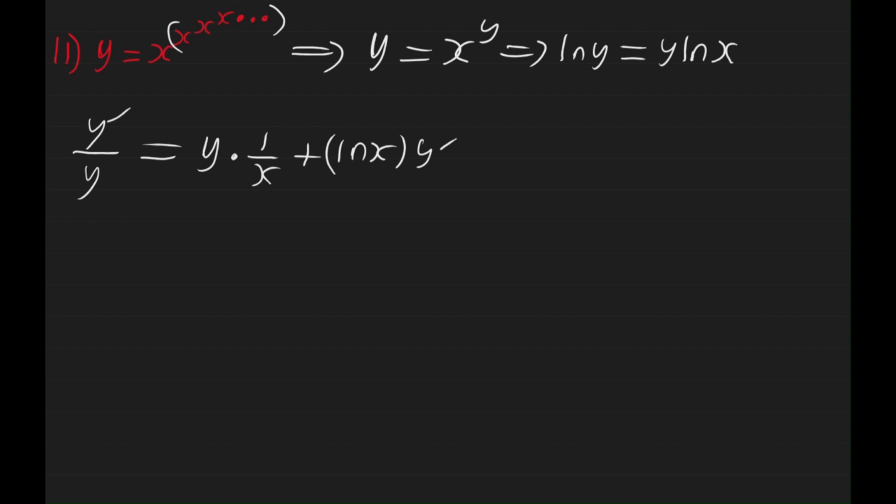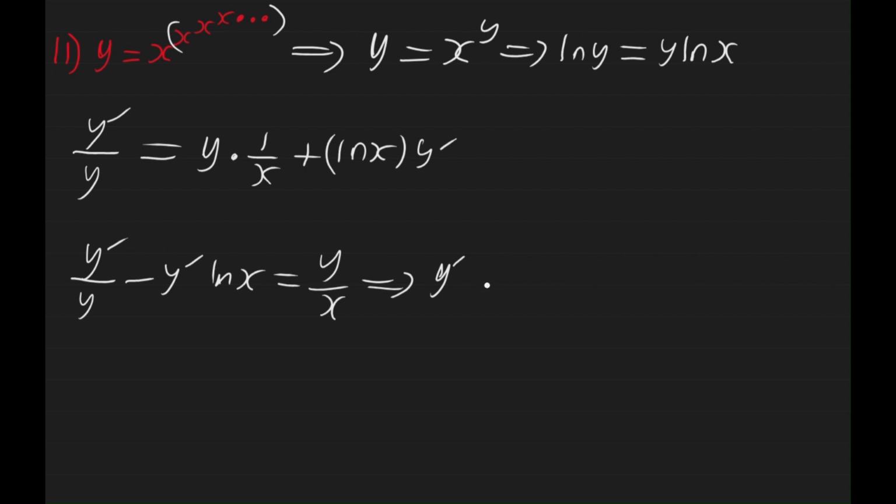Now we want to have y dash alone on the side, right? So we're going to say y dash over y minus ln, or let's write it, y dash ln x equal to y over x. We can now take y dash as a common factor. So we can say y dash is equal to, if we take y dash common factor, we have 1 over y minus ln x.